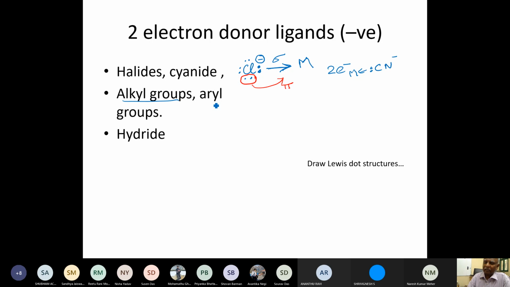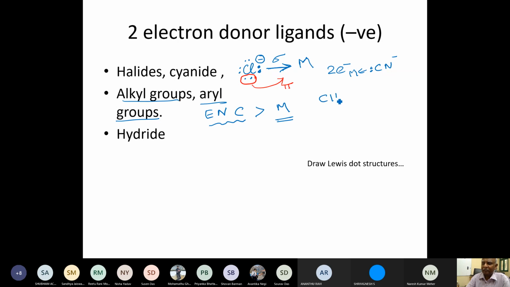Alkyl groups and aryl groups need a little bit of explanation. In general, the electronegativity of carbon is greater than the electronegativity of the metal. Because the average electronegativity of a metal is less than that of carbon, we take alkyl groups as negatively charged.